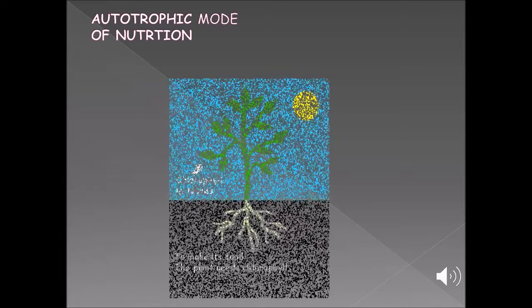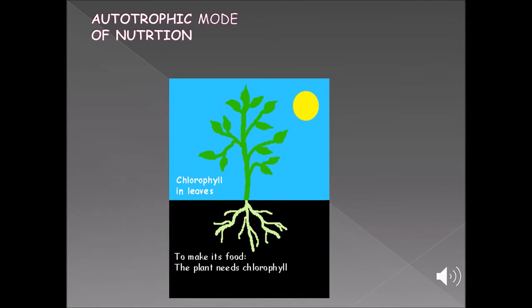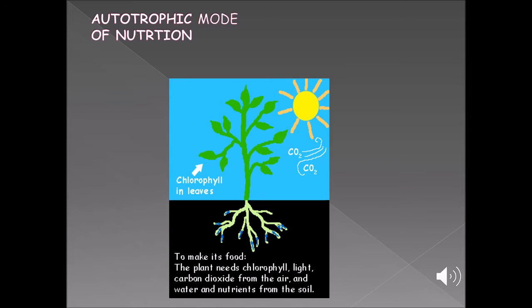Let us understand the autotrophic mode of nutrition in detail. To make its food, the plant needs chlorophyll, light from the sun, carbon dioxide from the air, and water and nutrients from the soil. This water and nutrients travel from the root, through the stem, into the leaves. And in the presence of chlorophyll, they absorb energy from the sun and prepare their food.